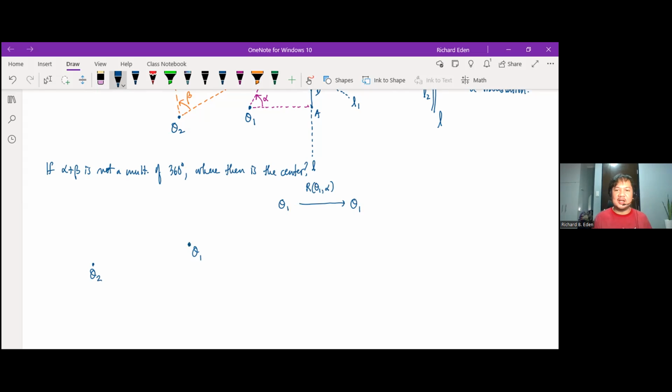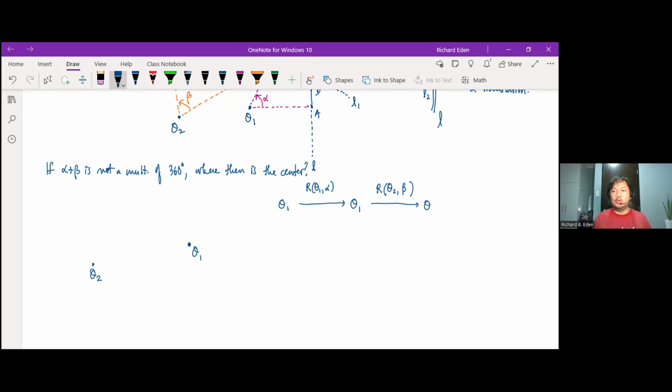Okay? It won't change. And then if we do the rotation centered at O2, angle beta, so this time the location will be different.